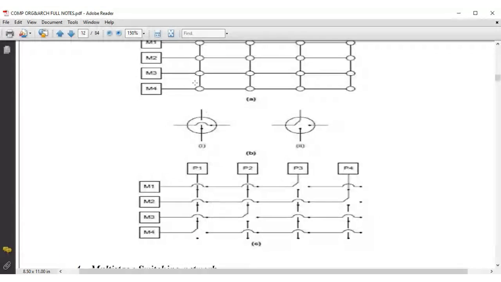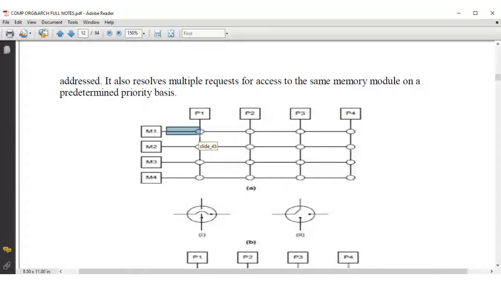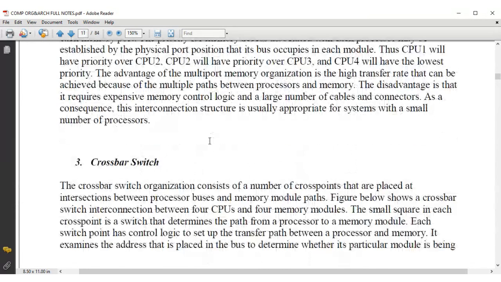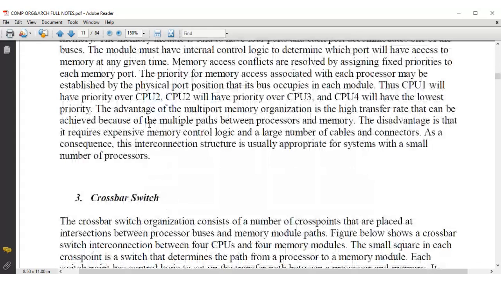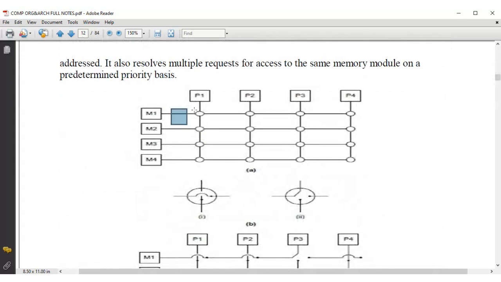So there is only one bus between a memory and a processor, but in a multi-port memory there are four. It doesn't have to be four. Kama processors ni tano, memory hizi buses zitakuwa tano. Okay, kama ni sita zitakuwa sita, kama ni tatu zitakuwa tatu. So the number of buses is equally proportionate to the number of what? To the number of CPUs. All right, but here we just have one for one.